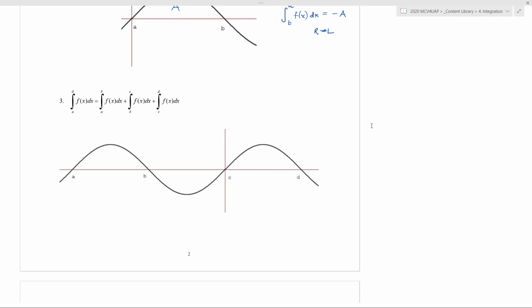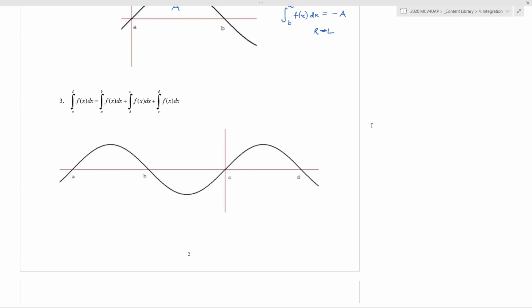So if we look at the diagram, if we want to know what the definite integral is from a to d, then really we can split that into 3 integrals based on our graph. That's equal to the integral from a to b plus the integral from b to c plus the integral from c to d.